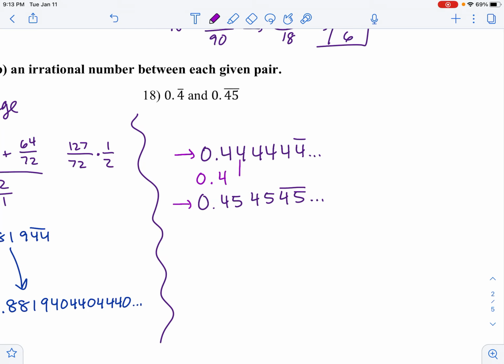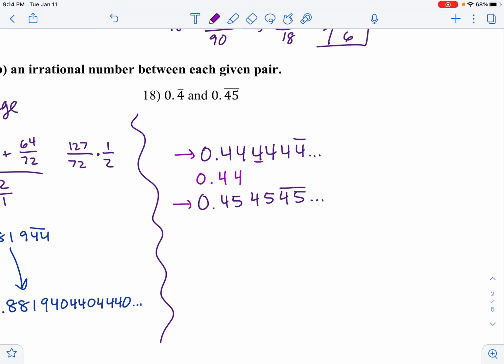Oh, shoot, there's nothing in between 4 and 5. I can't go below 4. I can't go above 5. I can't have it be actually 5. So I think I'll just keep that as a 4. Now I have my hundredths spot. As long as I'm greater than 4 here, I'm going to be greater than the top number, and I am already less than the bottom number.